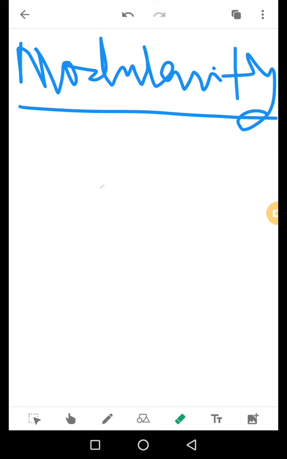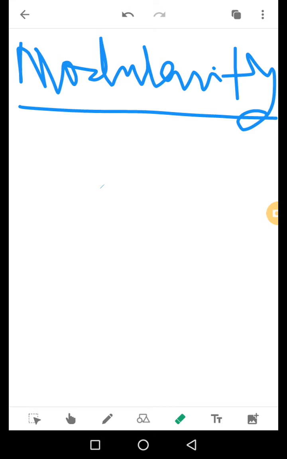Program here means software. I think you get it. Then we have considered the criteria for using modular design, the attributes of a good module. I want you to note that. The attributes are functional independence, cohesion, and coupling.